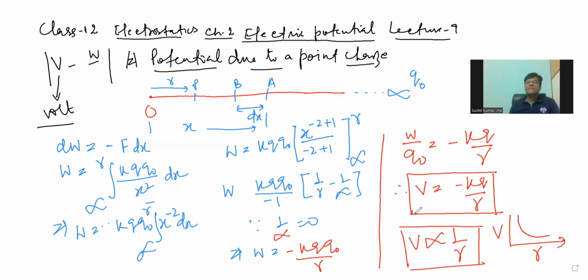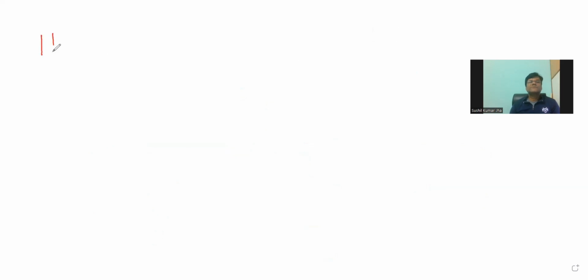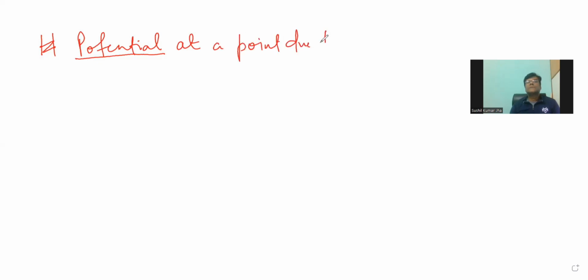Hope it's clear. Now in the same way, we can find potential due to many charges at a point, superposition type. So potential at a point due to many charges. We have a point where we want to find the potential due to n number of charges.